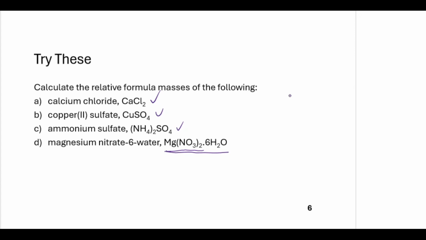You remember we have 6 molecules of water here, so you calculate that of 6 molecules of water, and then you add them together. Add this to this. So this dot is just like addition when you're calculating the relative formula mass of this compound. So that is how to do number D.